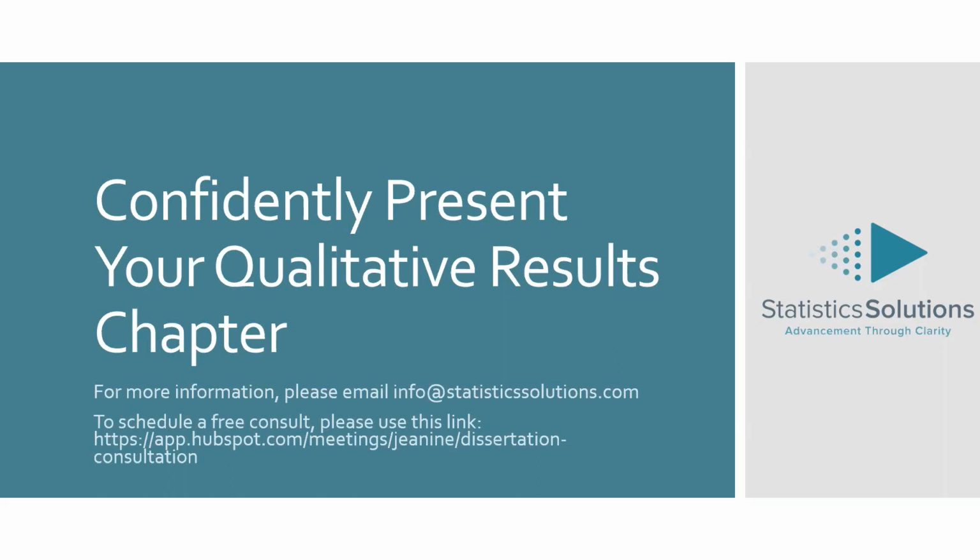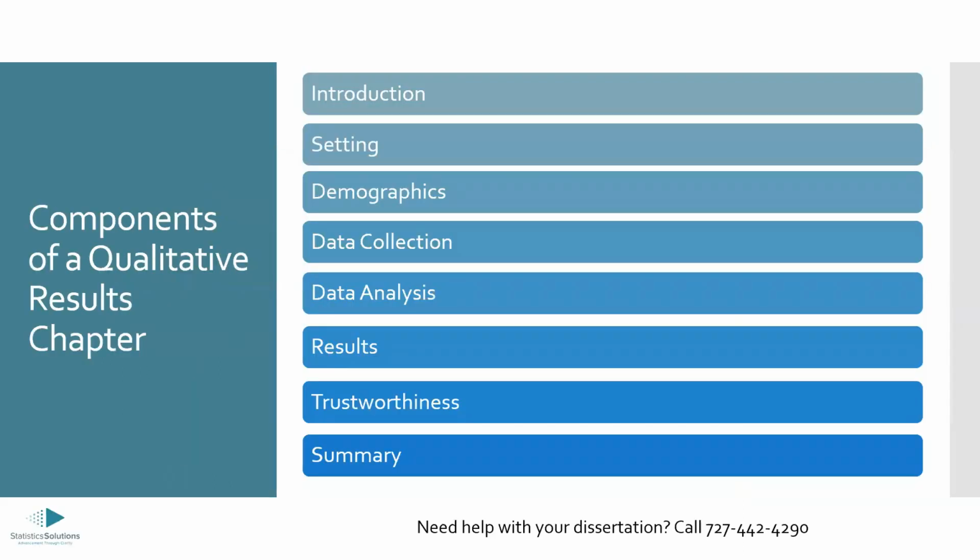So this is confidently presenting your qualitative results. Now, the list here of the components of the qualitative results chapter is really a compilation of those different sections that I see most commonly required of my clients. Okay, so the one caveat that I will say, and I will remind you of this, is you always want to defer to your school or your department's template for the qualitative results chapter.